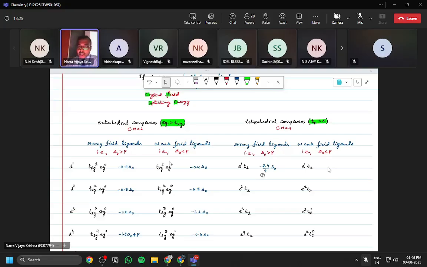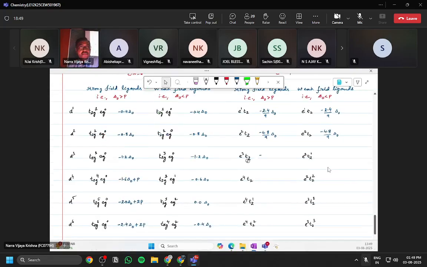So here also it will be same or not? Minus 2.4/9 delta naught. Next value, sir? Minus 4.8/9 delta naught. Here also same. Next one. Minus 7.